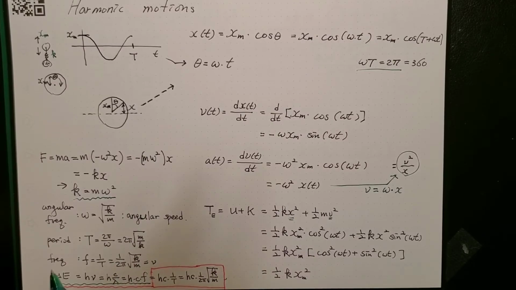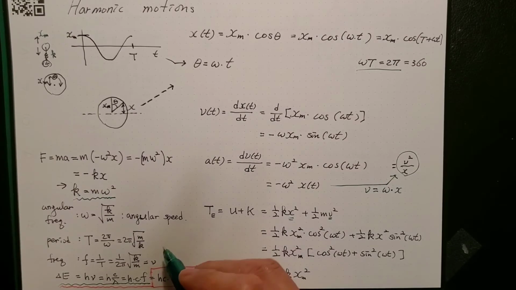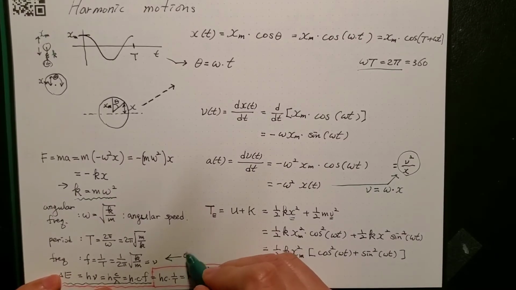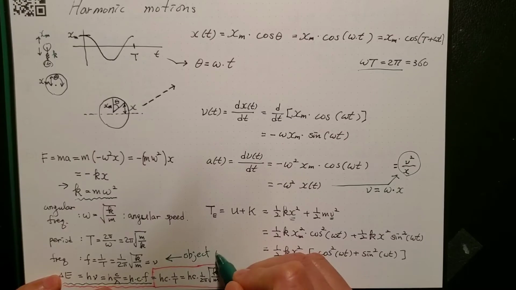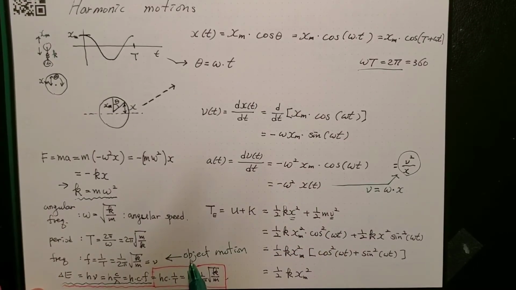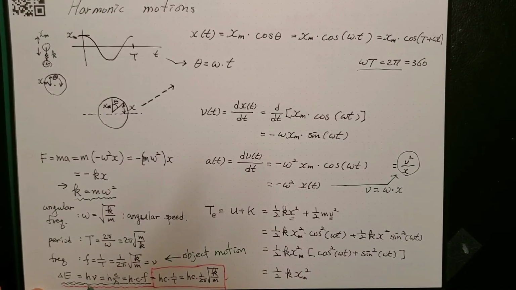So if you go back to our model, in order to have the light interact with the matter, you need to have the matter, right? The object motion should be matching the frequency of light.